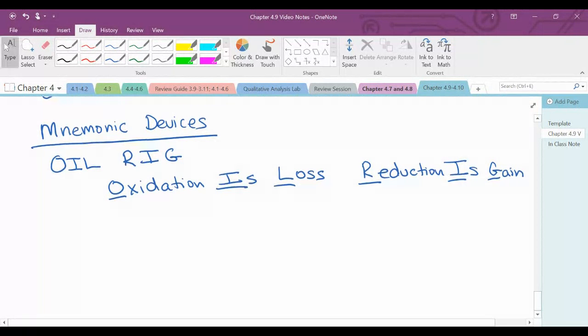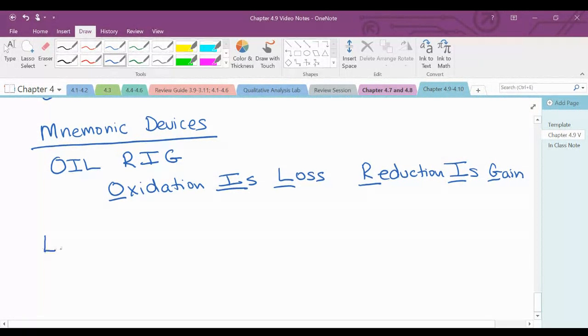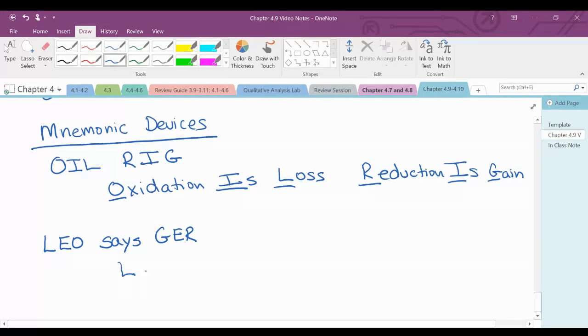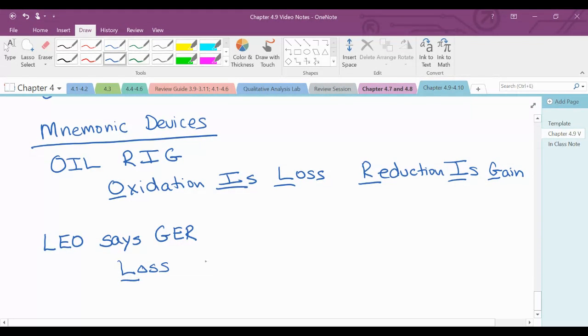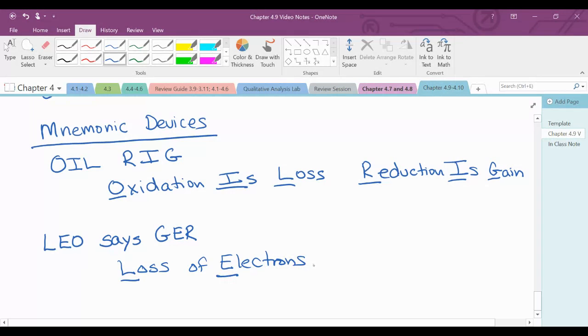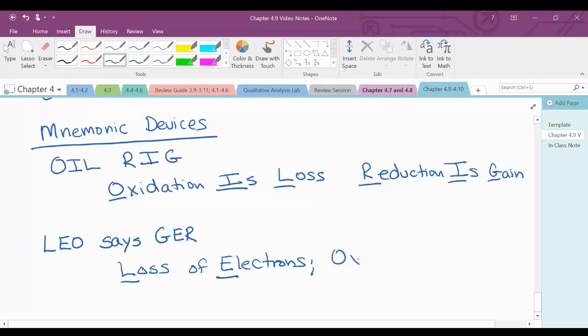The other mnemonic device I have is LEO says GER. So loss of electrons is oxidation.